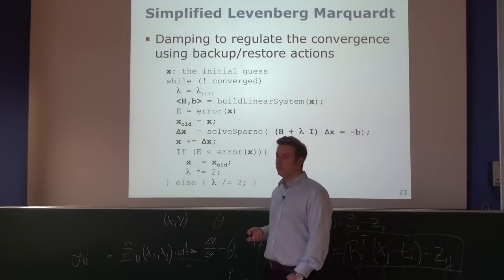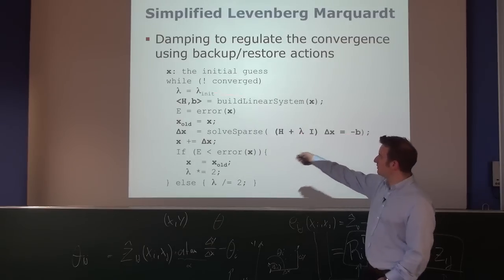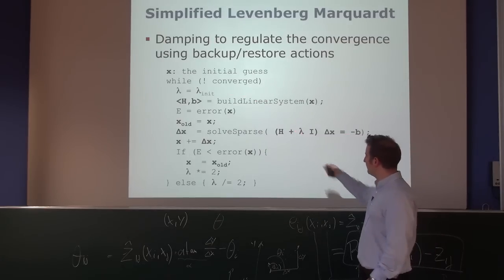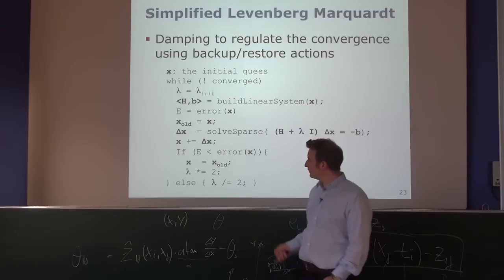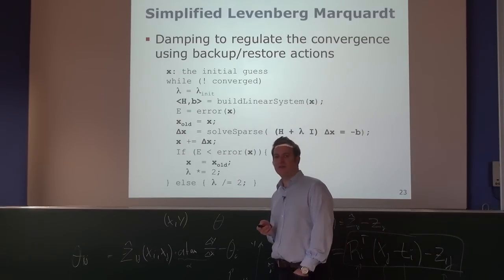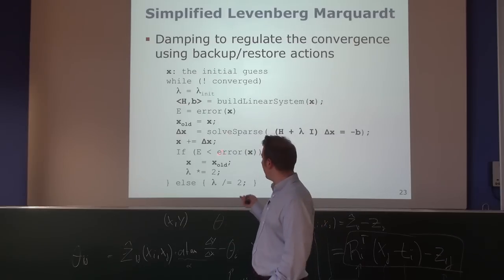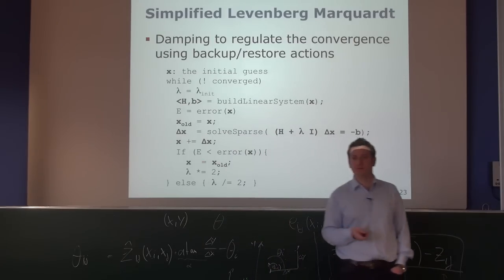You make a backup of your old pose, and then you solve this system with your initial parameter lambda. And then you update the pose given the solution. So you add the delta x, and then you check how the error changed.